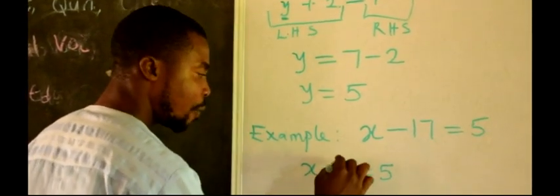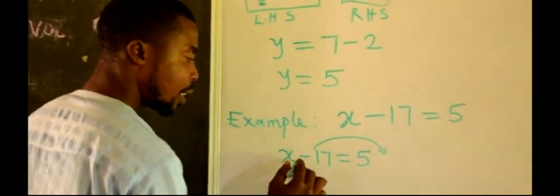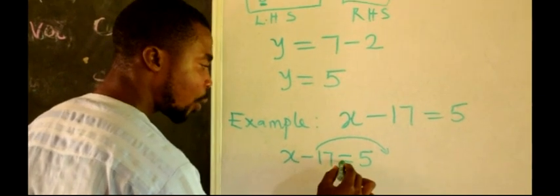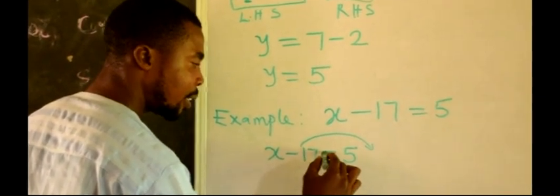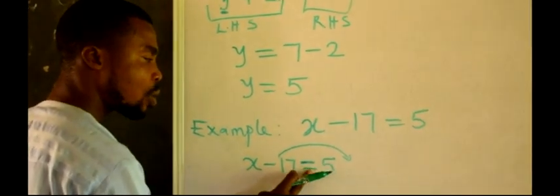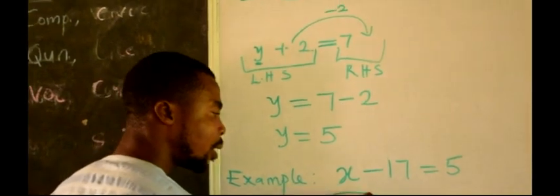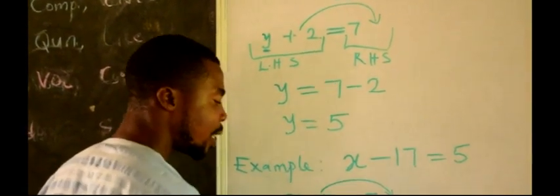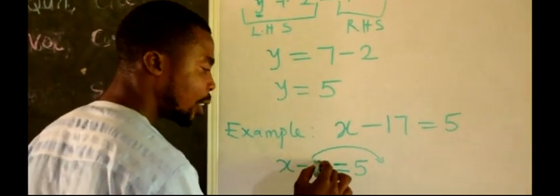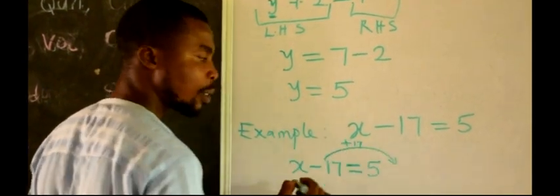If the number crosses this equal sign, I call this equal sign a converting bridge. So minus 17 is crossing now, and it will change to plus 17.